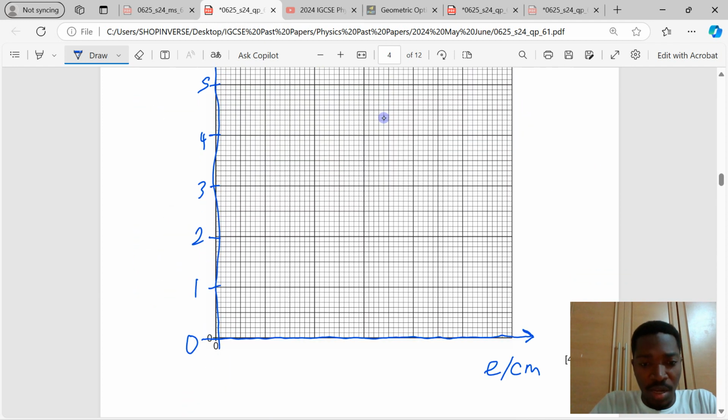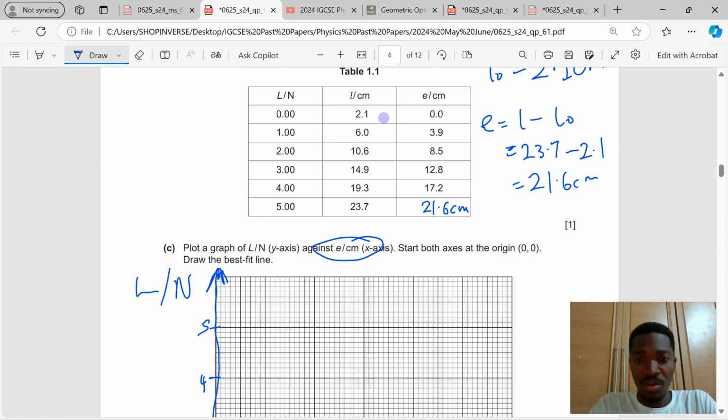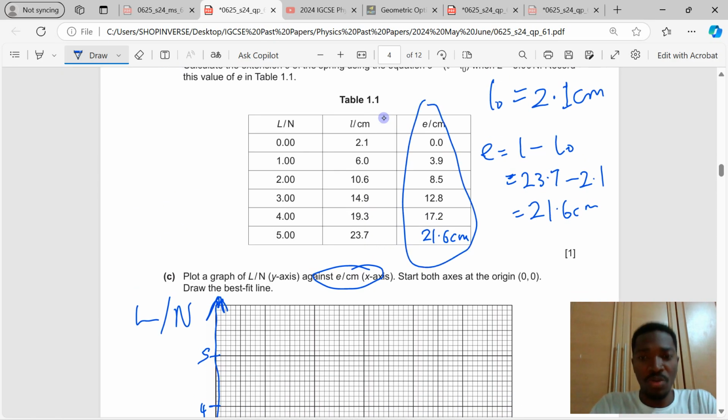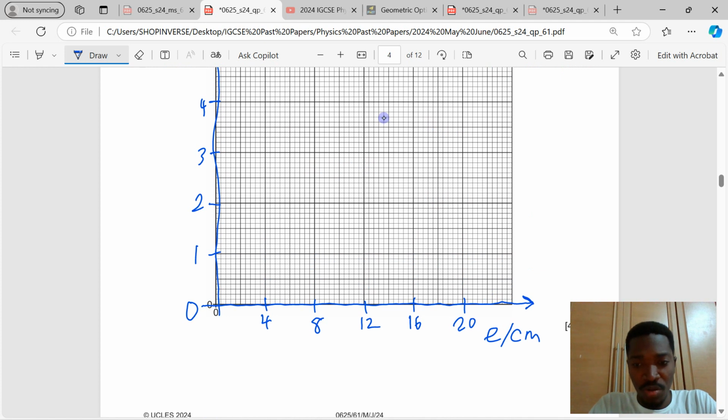So you can have 5, 10, 15, 20. You can also choose to make your scale bigger by putting 4, 8, 12, 16, 20. Either of these scales would work, as they cover the range of values, which is 21.6 centimeters.